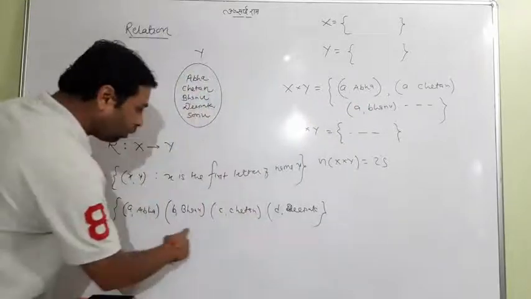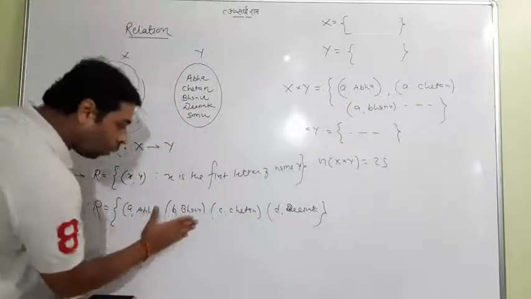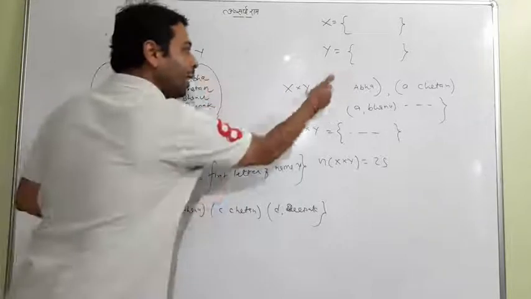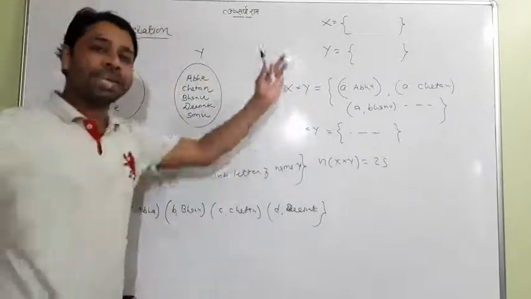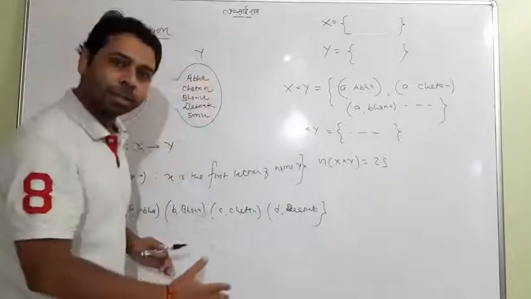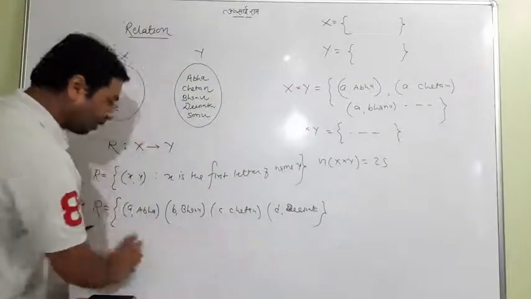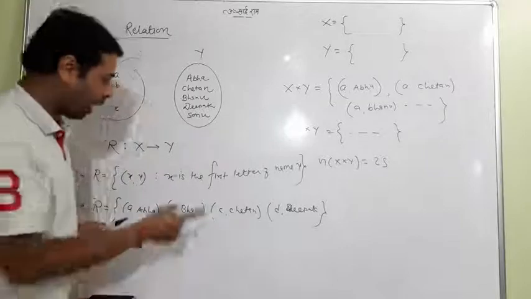So these are not special elements. These elements also lie in x cross y, because x cross y is a big set containing all the elements.